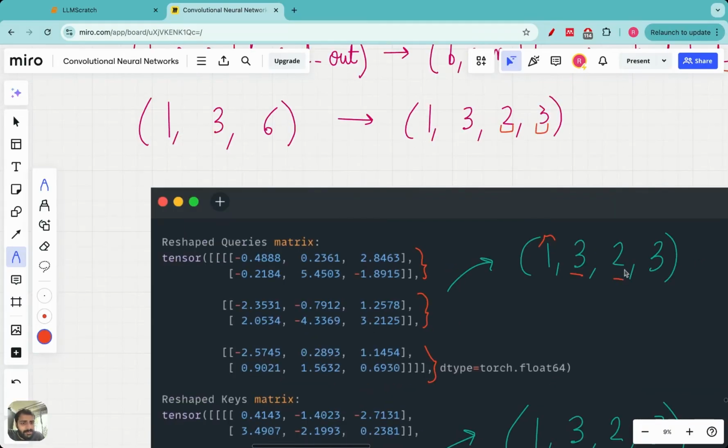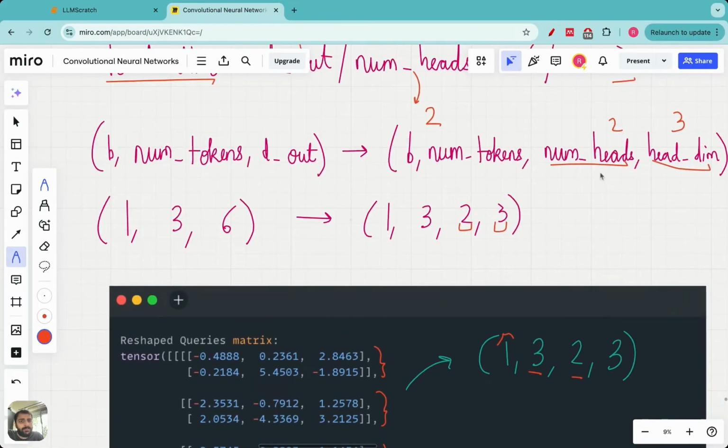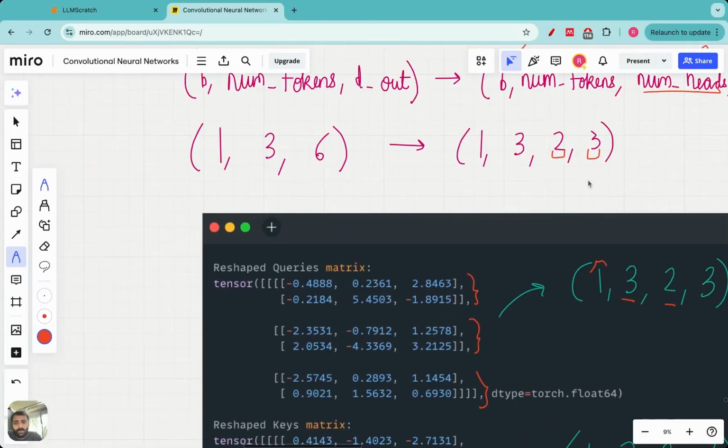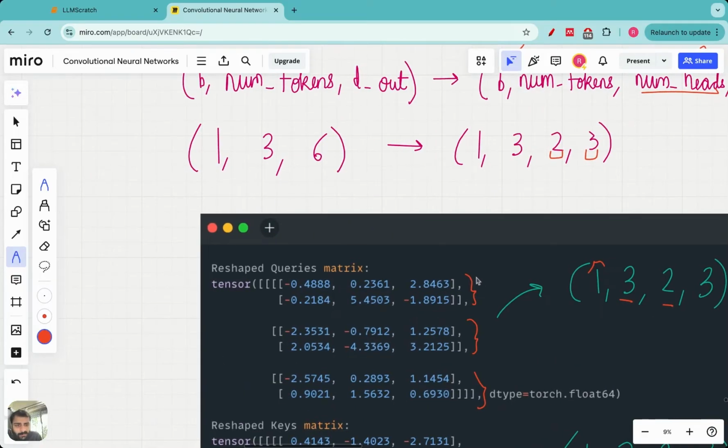Now let's look at this 2. What is this 2? This 2 is the number of heads. So if I go into each token right now, let's say the first token, the first row corresponds to the first head and the second row corresponds to the second head. That's why there is this 2. And if I go within each head, I'll see that there are three dimensions: the first dimension, the second dimension, and the third dimension.